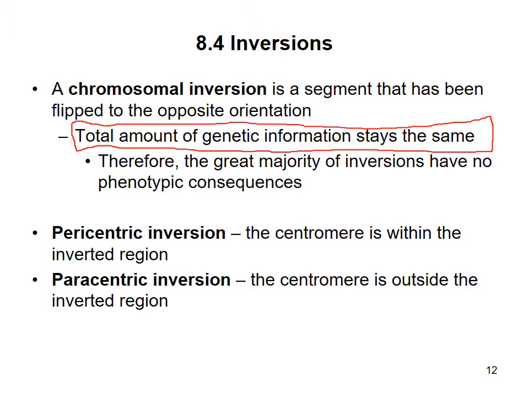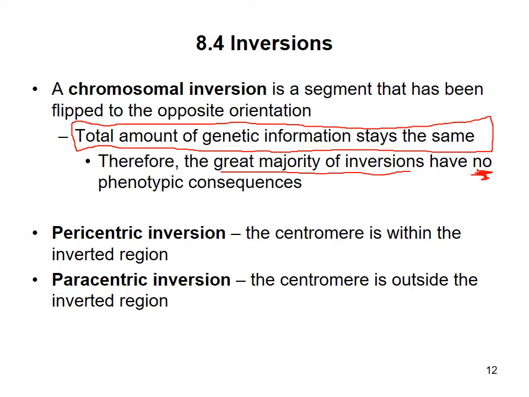And because the total amount of genomic information stays the same, the great majority of inversions have absolutely no phenotypical consequences because you still have the DNA or the genes that are required to produce the protein that the body is in need of.